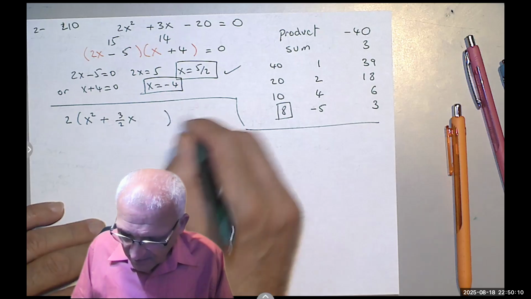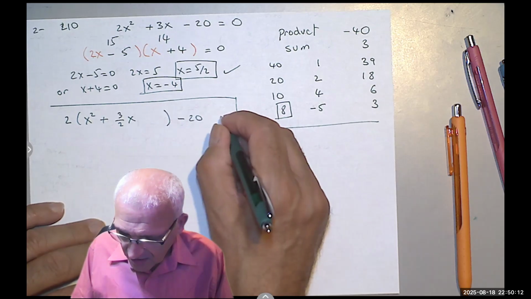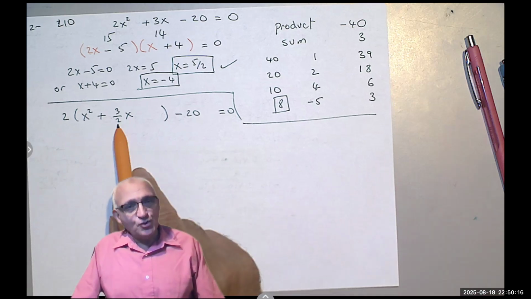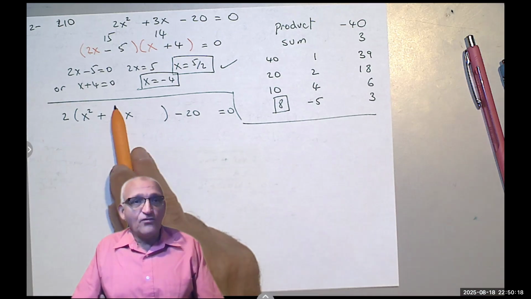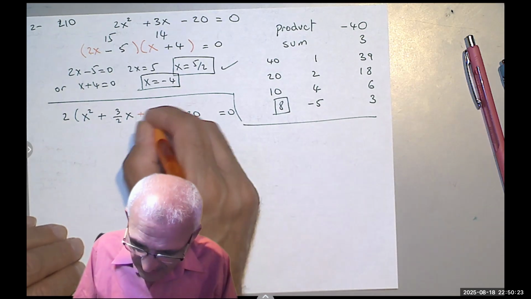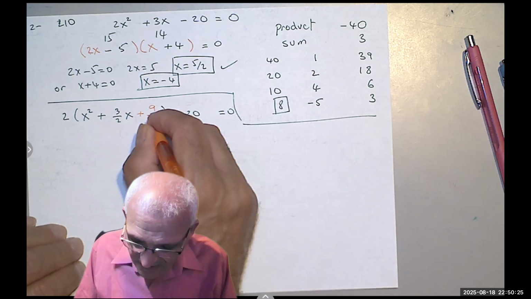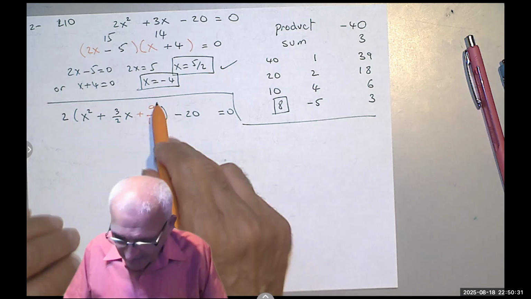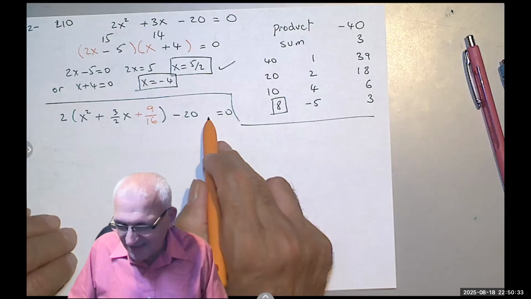Leave a blank, minus 20 equals 0. Remember, we divide this by 2, so it becomes 3 over 4. And then we square it. It becomes 9 over 16. And some people would say, oh, I added 9 over 16, so I subtract.